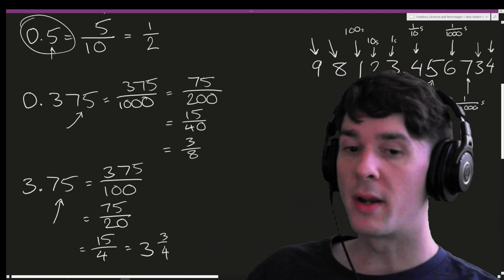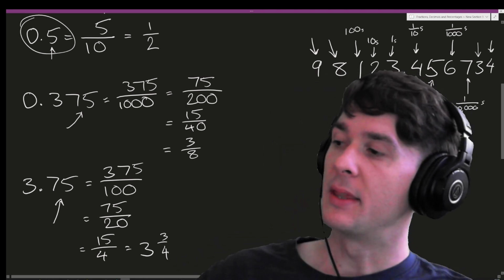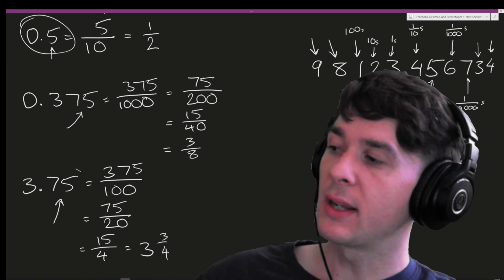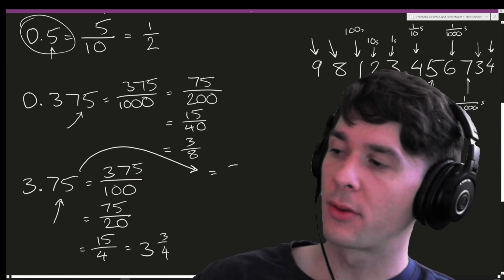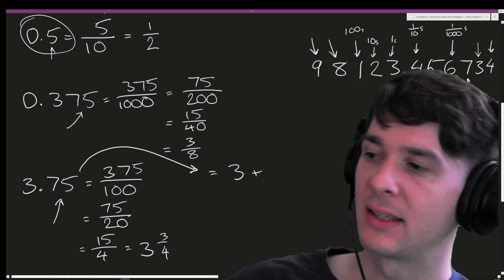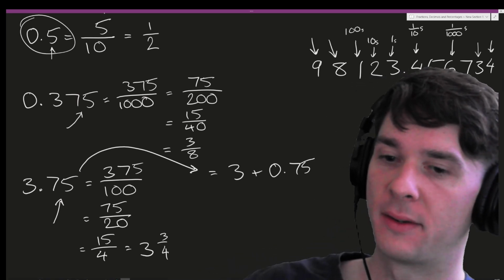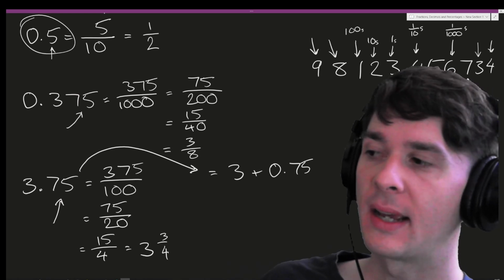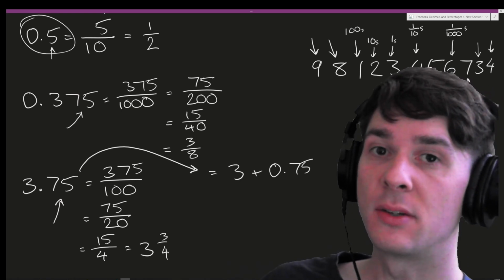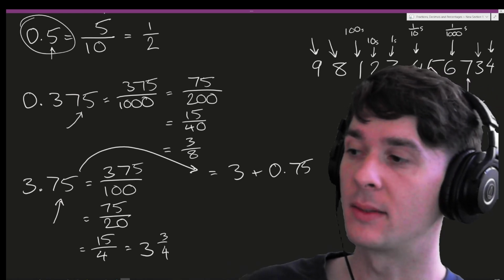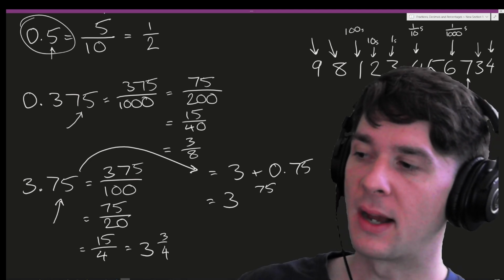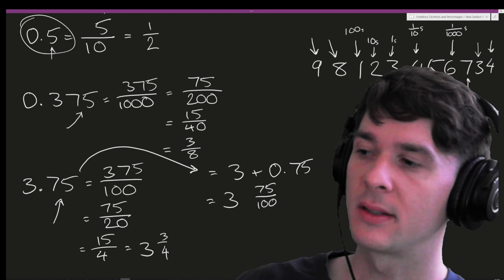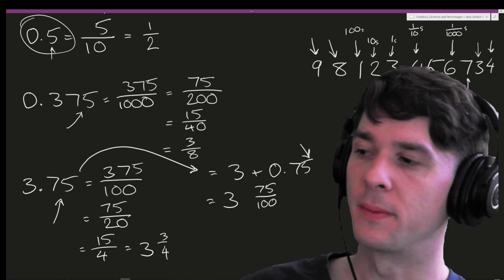Now I want to point one thing out before we wrap up, and that is that we could have noticed that this is equal to 3 and 0.75. In this case, we only have to convert the 0.75 to a fraction. So we will say this is 3 and 75 hundredths because the 5 is in the 100ths position.